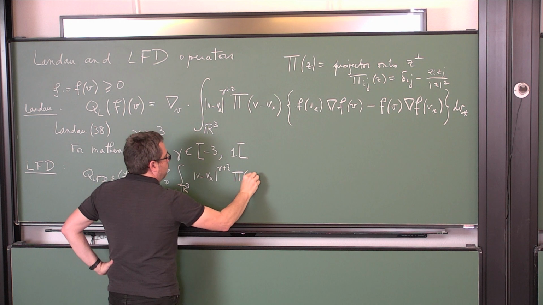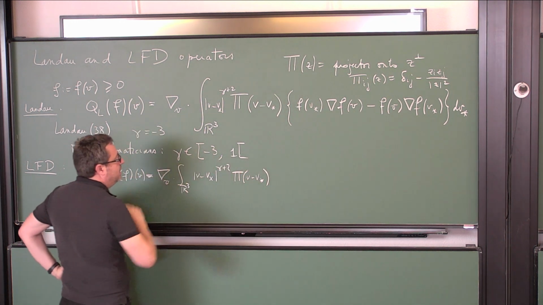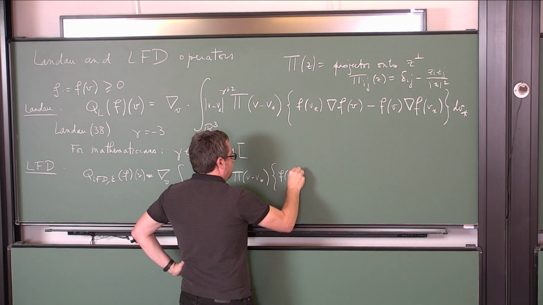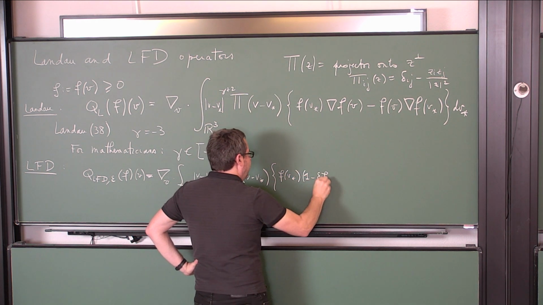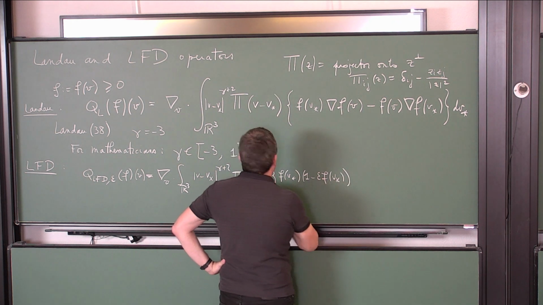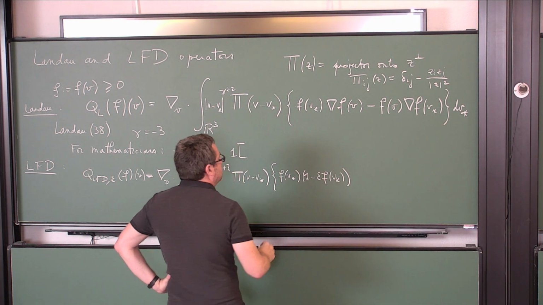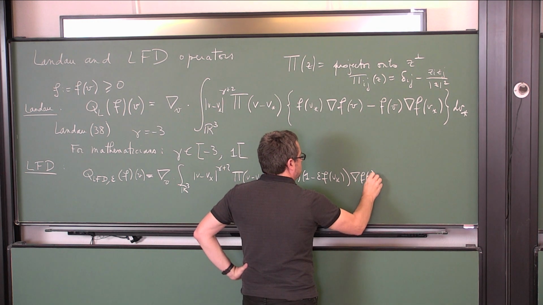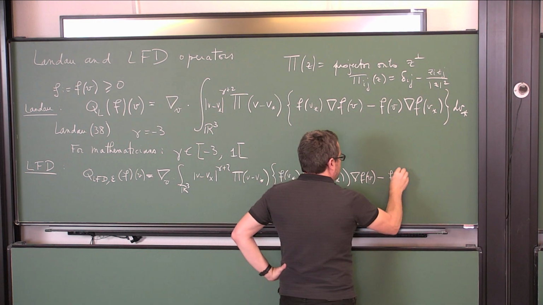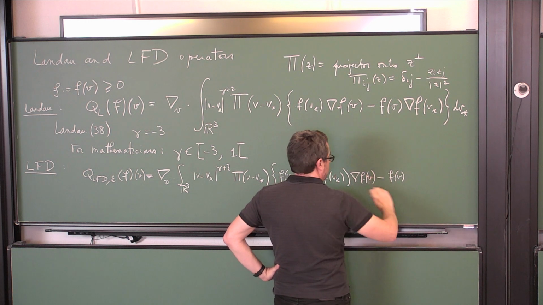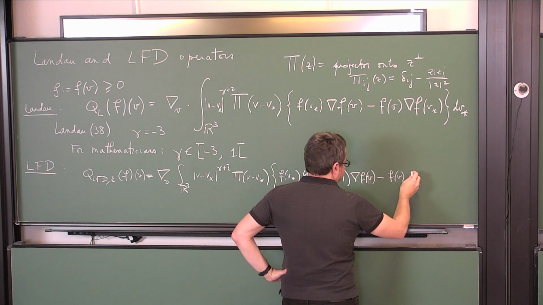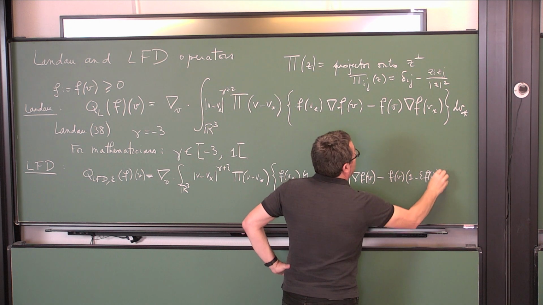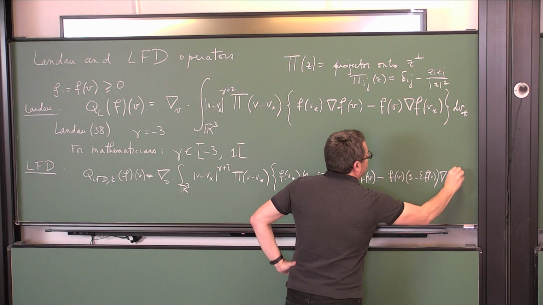So you have the same beginning, but here you add something like this, and you do the same at the level of the symmetric term. So it will be like this.